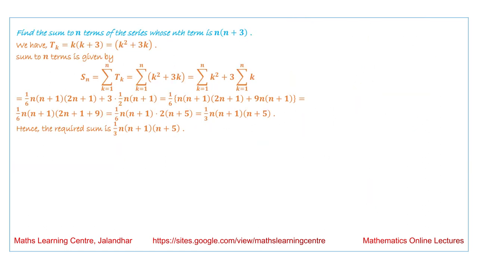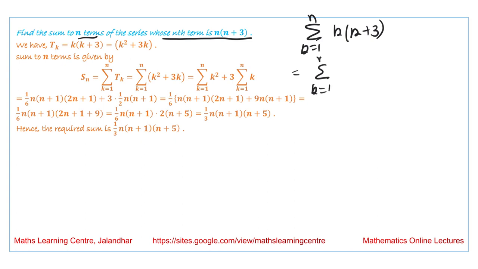Next is find the sum to n terms of the series whose nth term is n into n plus 3. So we have to calculate the value of sigma k is equal to 1 to n, k into k plus 3. We can write this as sigma k is equal to 1 to n of k square plus 3k.